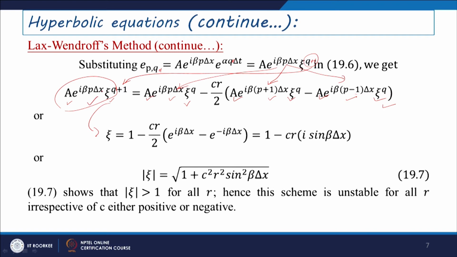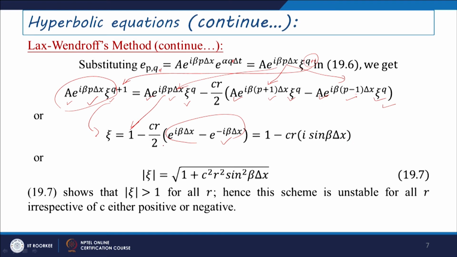Then we will have zeta here, then we will have 1 here, then minus CR by 2 and one surplus term, which is e to the power i beta delta x, since p delta x has been taken common, minus e to the power minus i beta delta x, present over there. And if you write these terms as e to the power i beta delta x minus e to the power minus i beta delta x by 2i, it can be represented as sin beta delta x there.